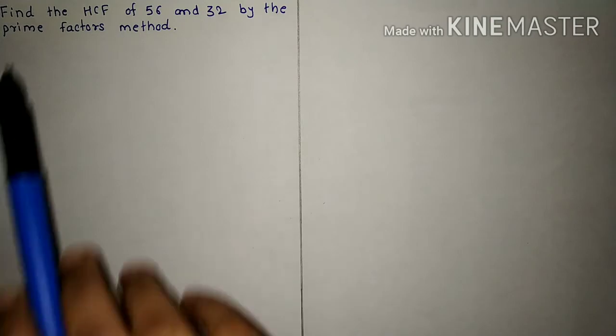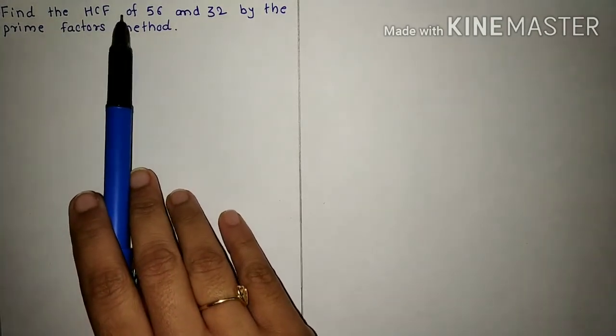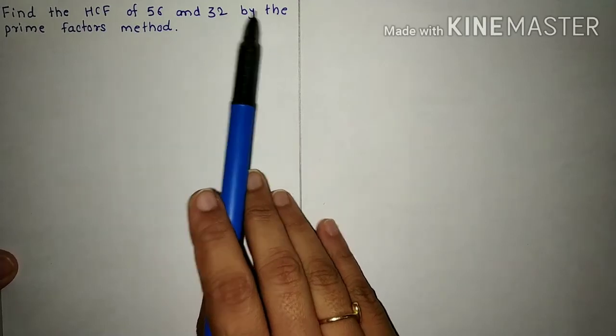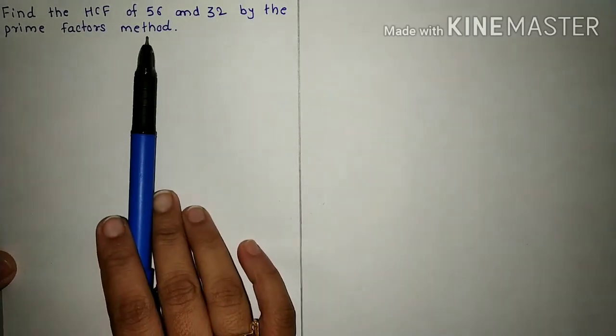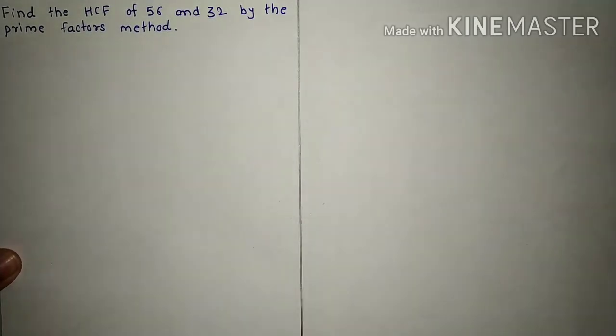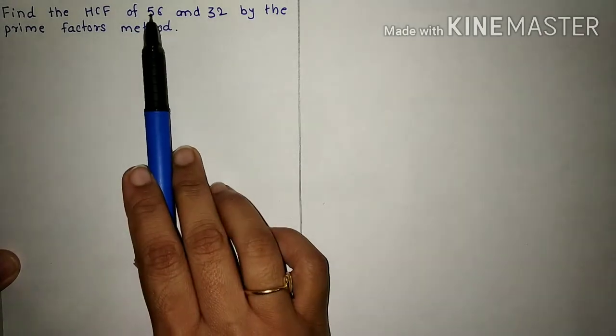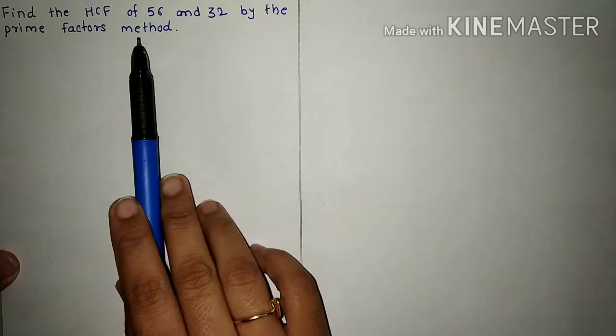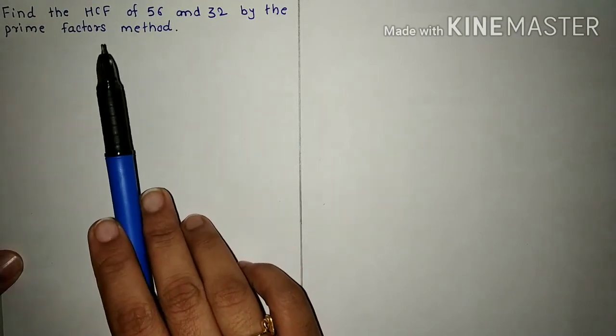Example: find the HCF of 56 and 32 by the prime factors method. So first we have to find prime factors of both these numbers by using vertical arrangement or horizontal arrangement.